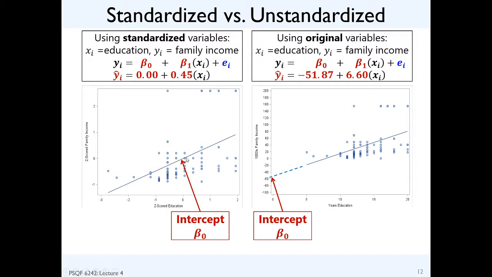And then the slope here for every additional standardized unit of education, standardized income goes up by 0.45. Same idea, same association, using original variables instead, because that's what we tend to do in modeling.